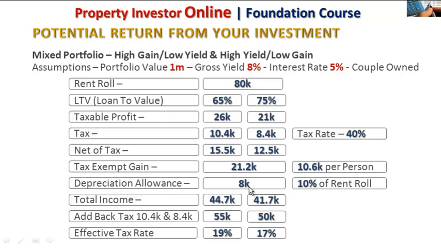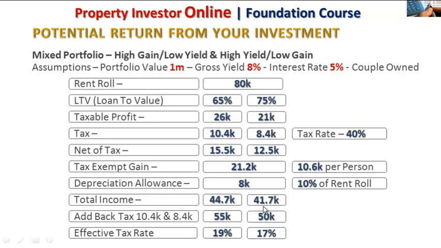So this £8,000 becomes effectively income. You will be able to spend this money. So this gives us a total income at 65% of £44,700 and £41,700 at 75%.